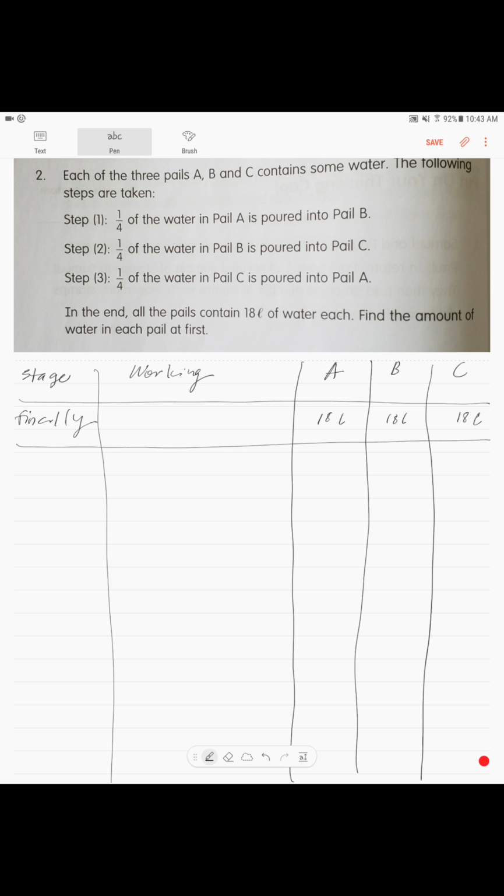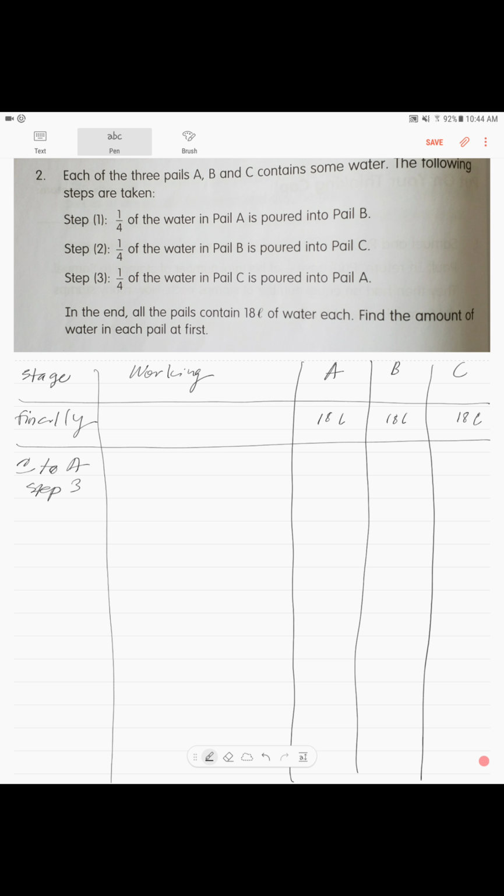Step 3. 1/4 of the water in pail C is poured into pail A. All right, so C to A. This is our step 3, right? They tell us 1/4 of the water in pail C is poured into pail A. What does that mean?